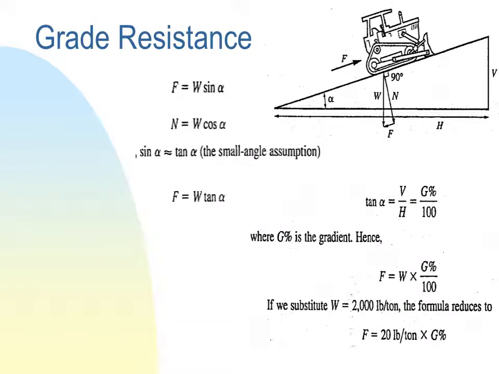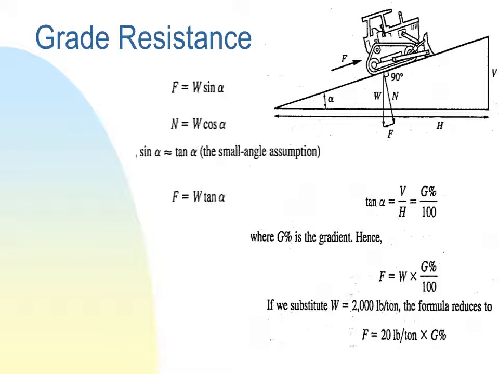So if we go back to basic mechanics and we look at this free body diagram, we'll find that from equilibrium, when you resolve W into horizontal and vertical components, F is equal to W sine alpha, and N is equal to W cosine alpha.